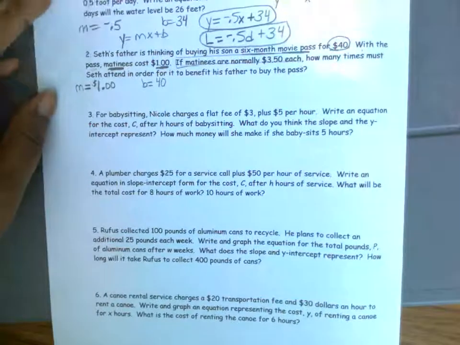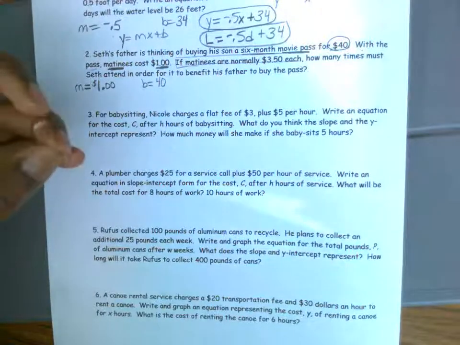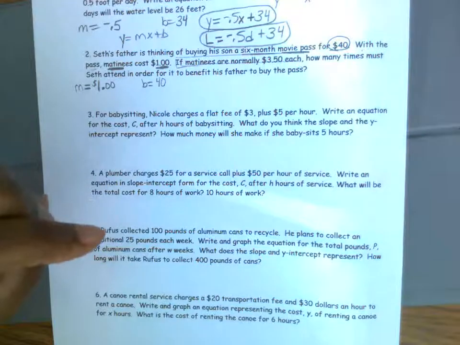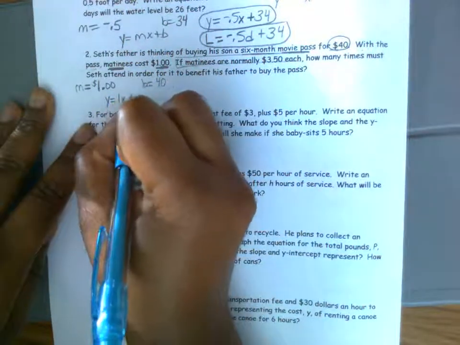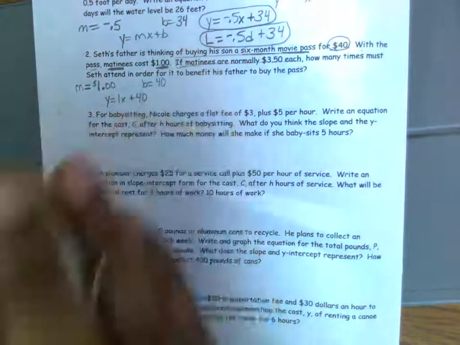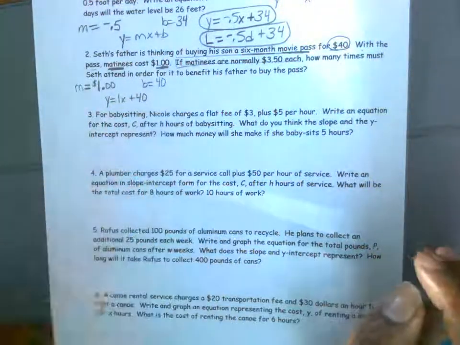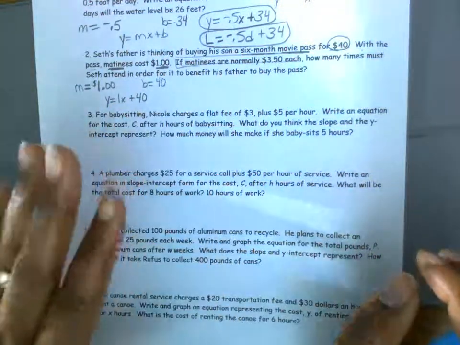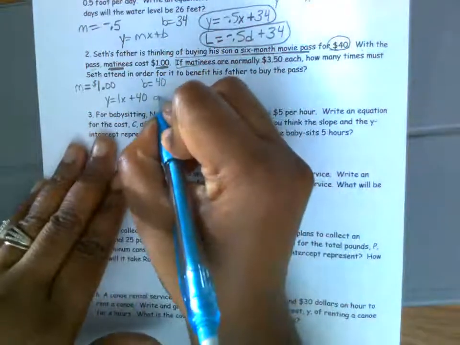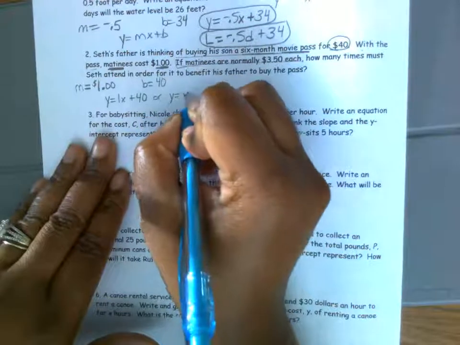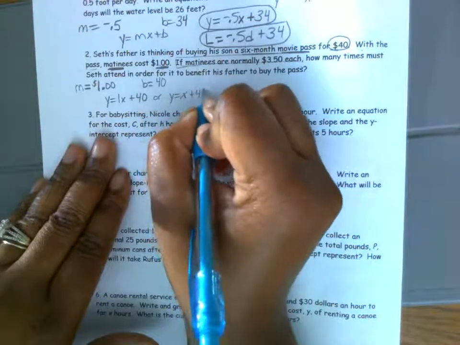I want to see if somebody else knows. I'm going to start calling names. Very good. Excellent. That's perfect. Do I have to write the 1 in front of the X? Anybody? Very good. So I could just write it like this, okay?